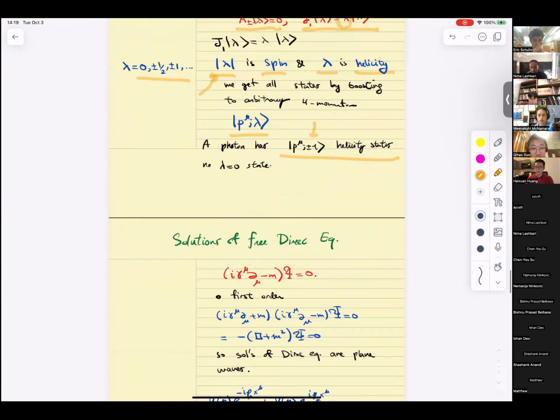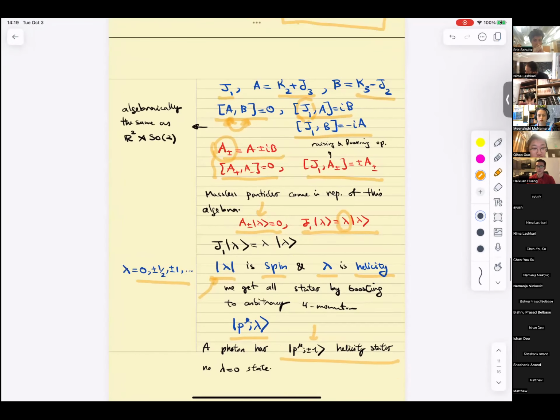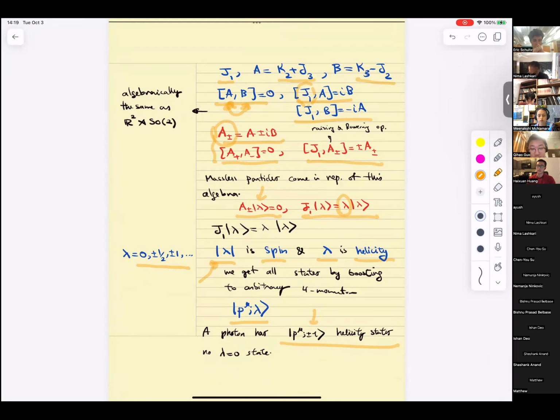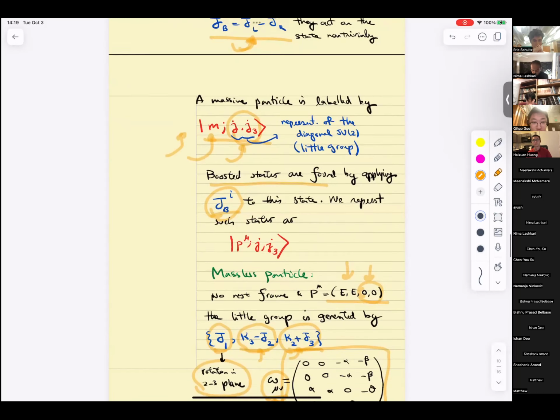All right. How is the projective representation of the little group related to the projective representation of the Poincare group? Okay, very good. I identified the little group.